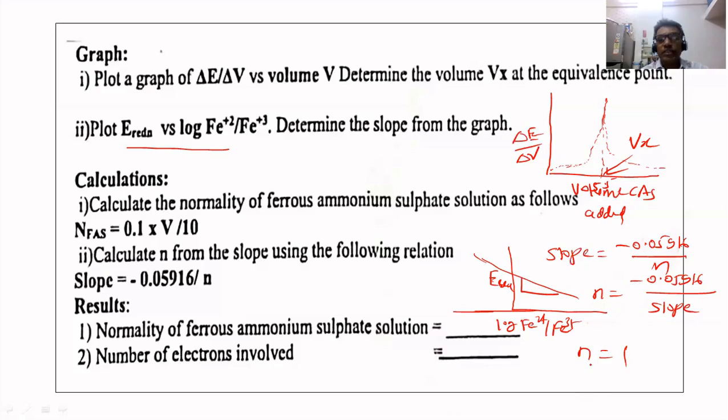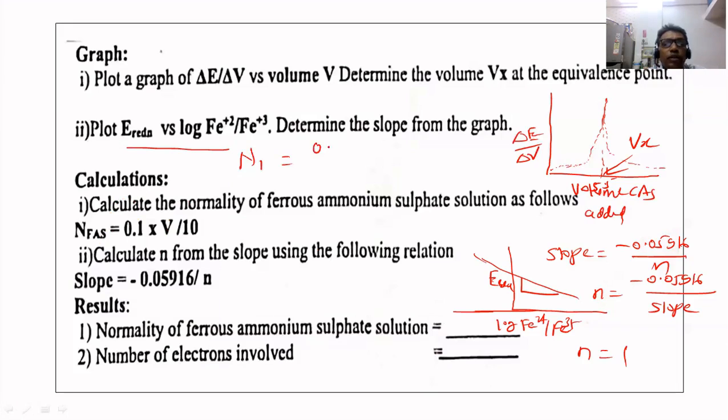Because in this redox reaction only one electron is released, or one electron is added in the reduction reaction. At the same time, with the help of this graph, first we have to calculate the normality of the ferrous ammonium sulphate solution. Suppose it is N1.